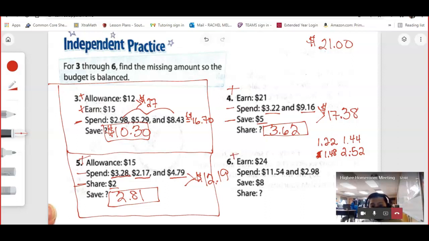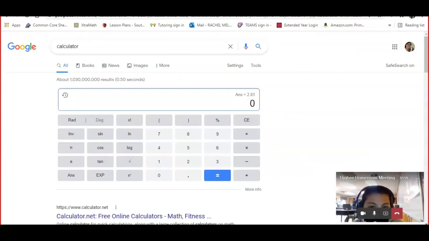Okay, so let's double check our work. So I know that earn is a plus. Spend and save are expenses. Okay, so I need to do $11.54, $2.98, and $8 altogether, right? So that's $11.54 plus $2.98 plus 8 gives us $22.52. Okay, so double check your work. Is that what you got for your expenses?